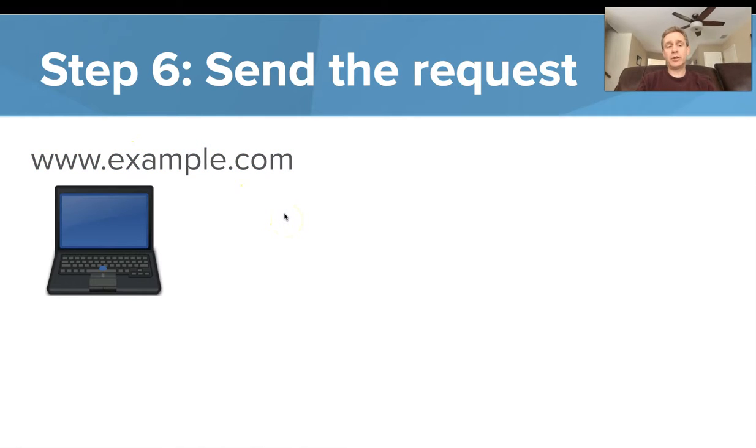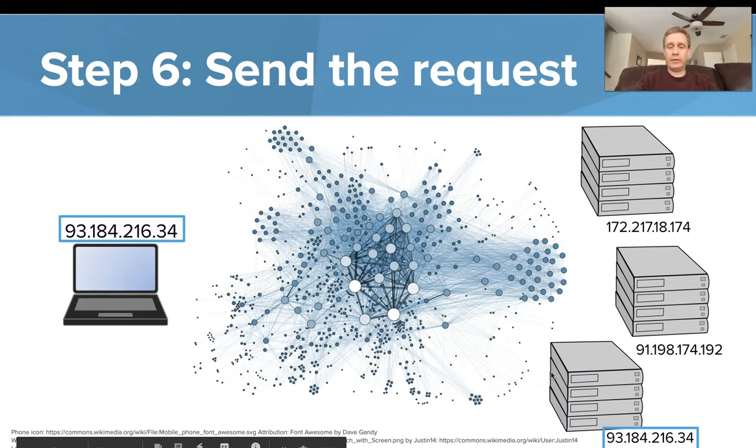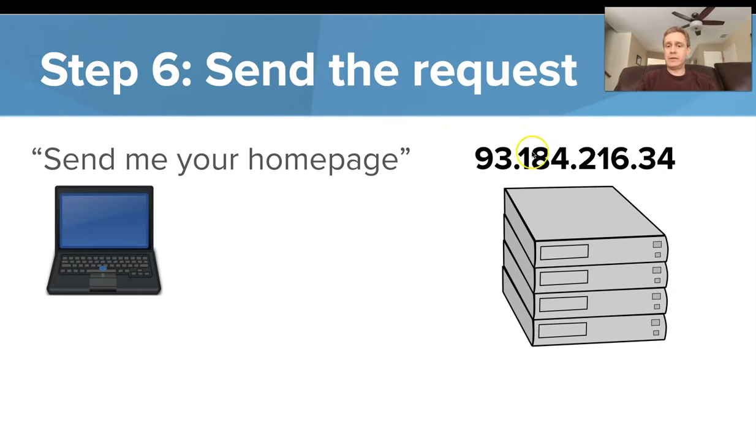So now your computer, knowing the IP address to this particular domain name, it'll take that IP address and send the request to the server that contains that particular IP address. And so, again, knowing the IP address, we send the request, hey, send me your home page.